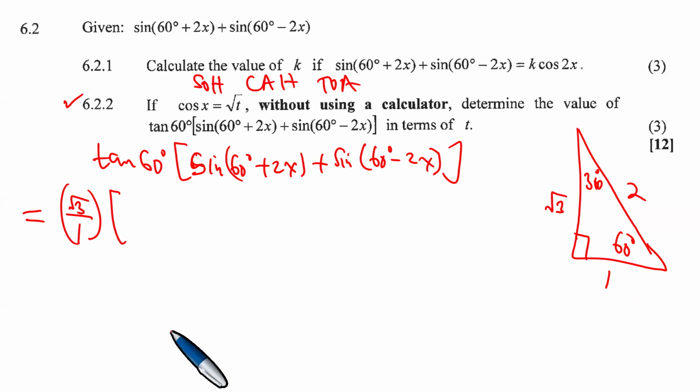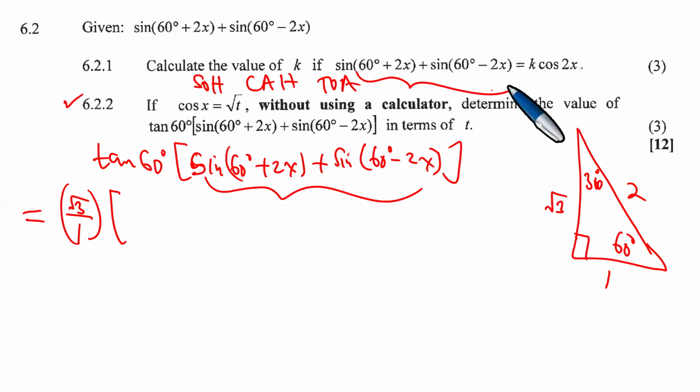Then it's sine 60, etc. But we've already got this one. What did you get this one to be? So this whole thing, sine 60 degrees plus 2x plus sine 60 degrees minus 2x is equal to what?